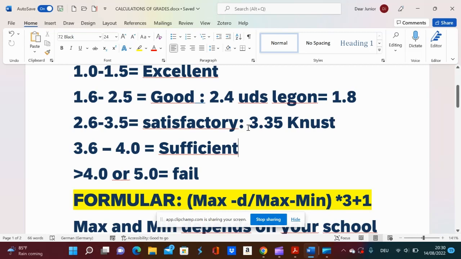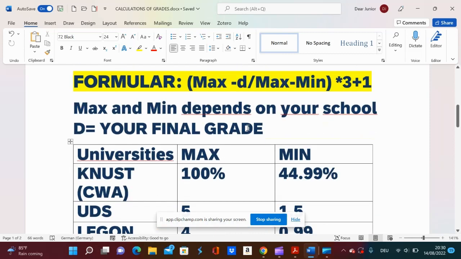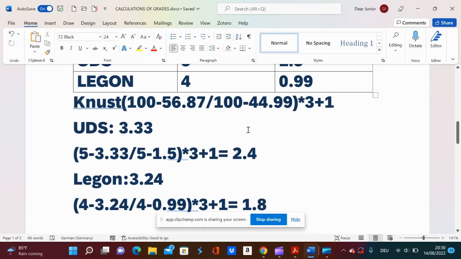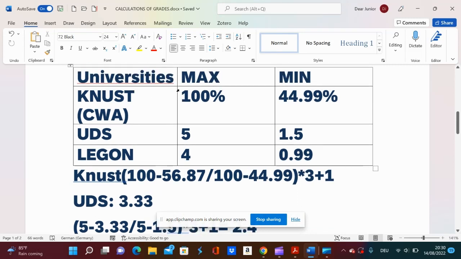Let me give you an example of a tech student. I said that the maximum is 100 and the minimum is 44.99. Let's give an example for a tech student who had maybe 70%.